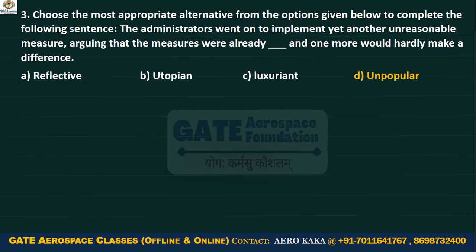Moving on to the next question. Choose the most appropriate alternative from the options given below to complete the following sentence. "The administrator went on to implement yet another unreasonable measure, arguing that the measures were already blank and one more would hardly make a difference."